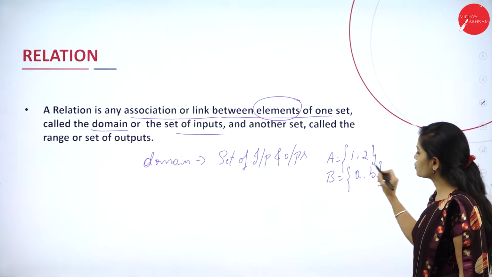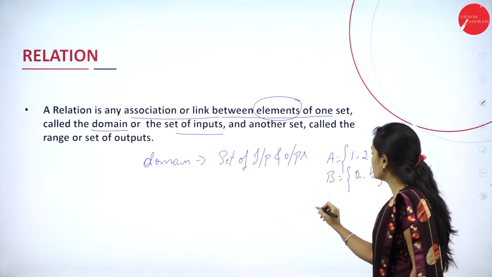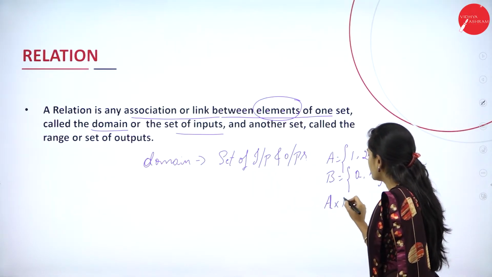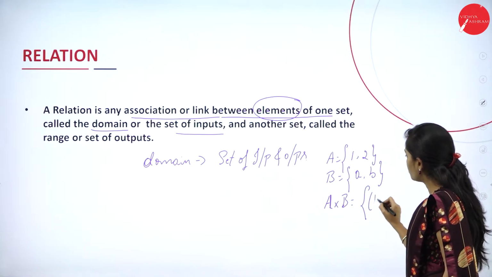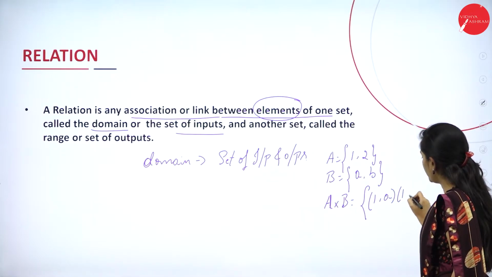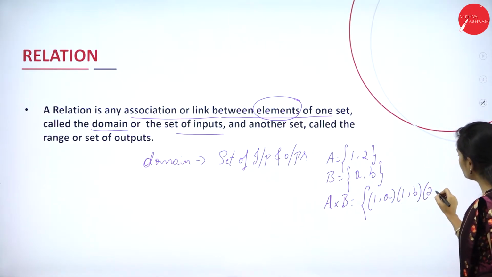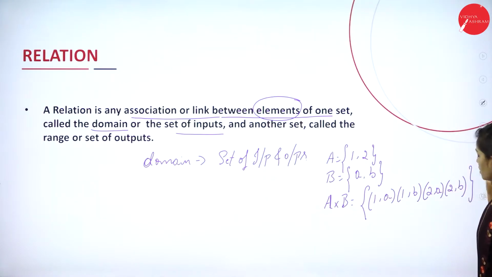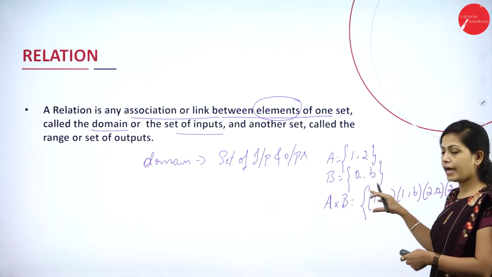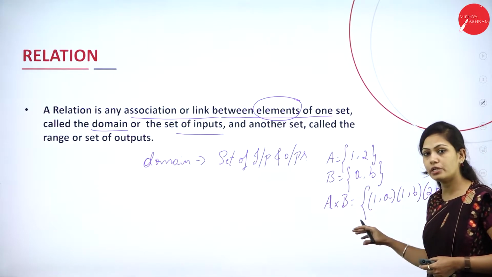In set B also I have two elements. So here first I will find A cross B. So what is A cross B? (1,A), (1,B) and (2,A), (2,B). So this is A cross B, that is the Cartesian product.